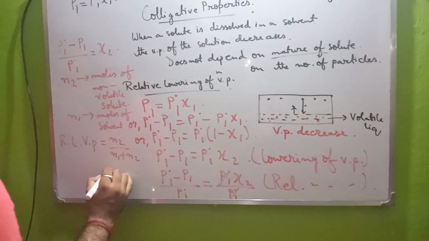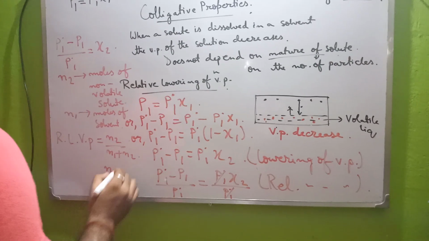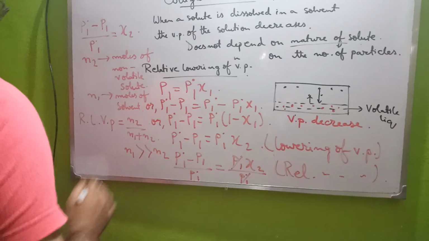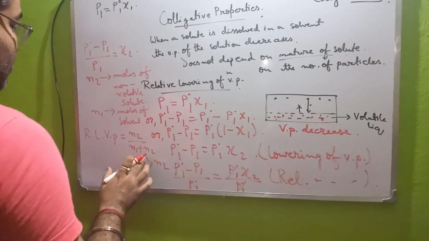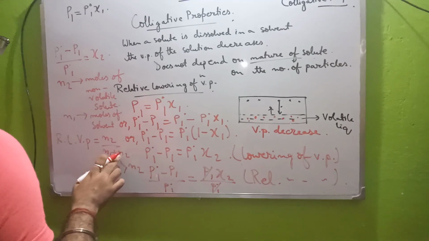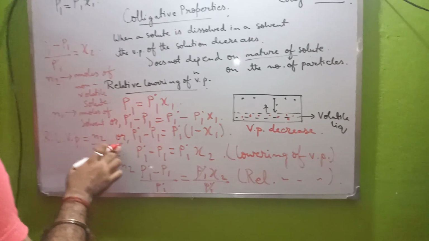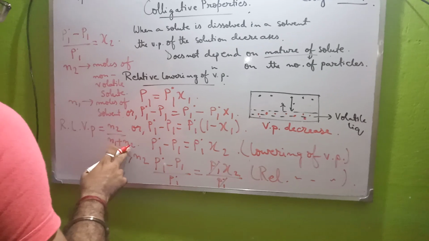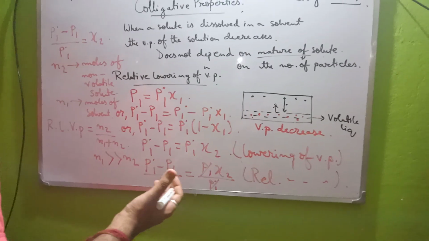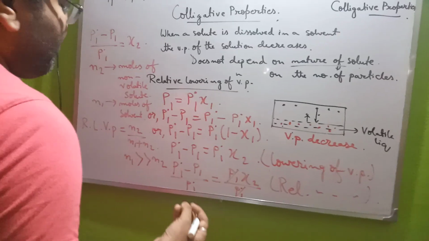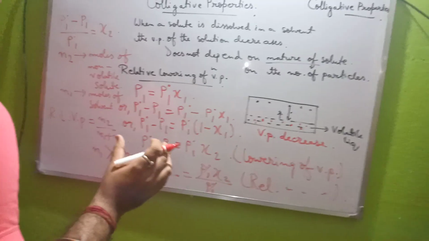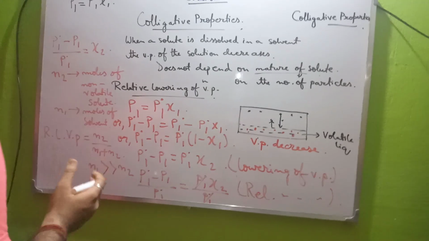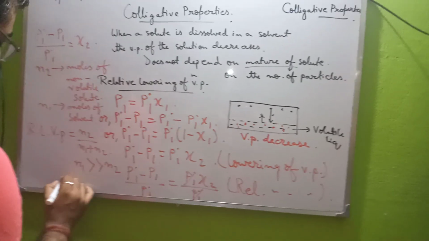Now we always know that the number of moles of solvent will be greater than that of the solute. So we don't take into account the number of moles of the solute in the total solution, because suppose n1 is 1000 and n2 was 2, and if I increased it by another 2, it would not be any factor to us, because 1000 was there and I have increased just 2 moles of solute more, so there would not be such a significant change.